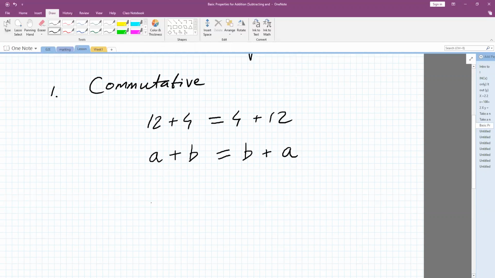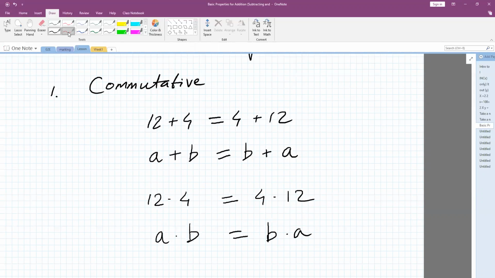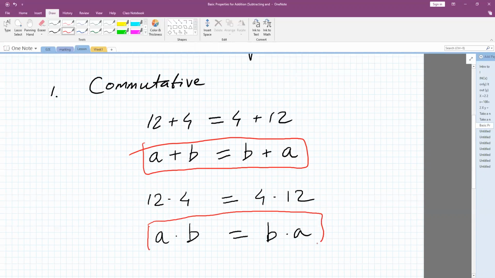You have the example before, 12 times 4, which is 48. So it equals 4 times 12. So you can swap: when you have A times B, that gives you B times A. So this is the commutative property for addition, and then for multiplication.